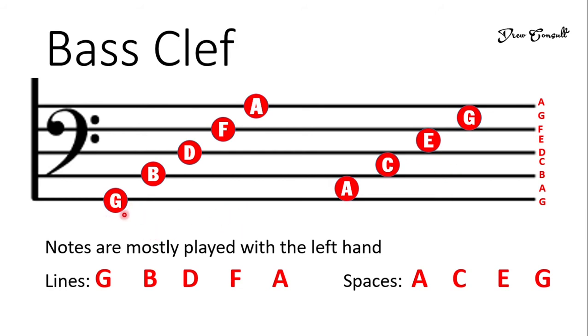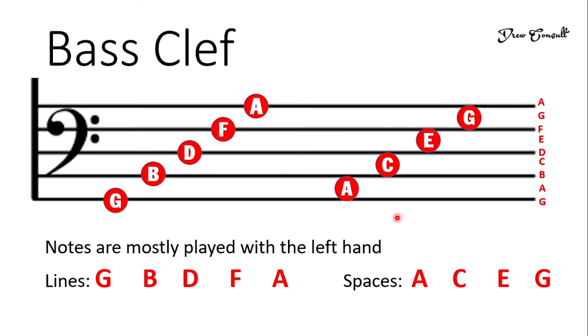In the bass clef, the first line here is now a G. The next line is B. The next line is D, followed by F and A. If you look at the spaces closely, we have A, C, E. So the F is no longer here. The F has been skipped, and we now have A, C, E, then followed by G.